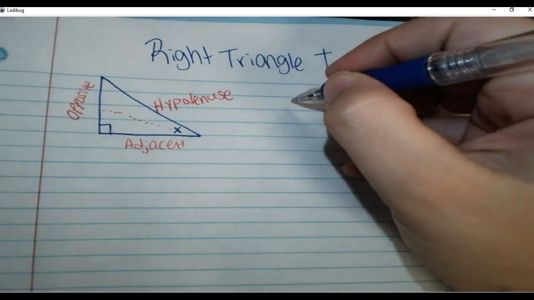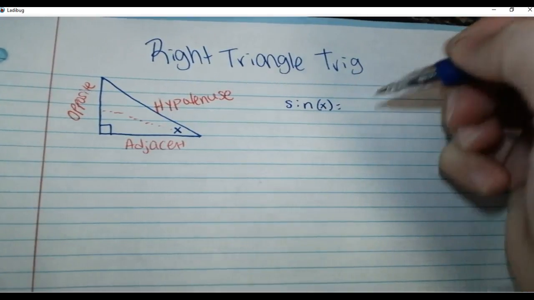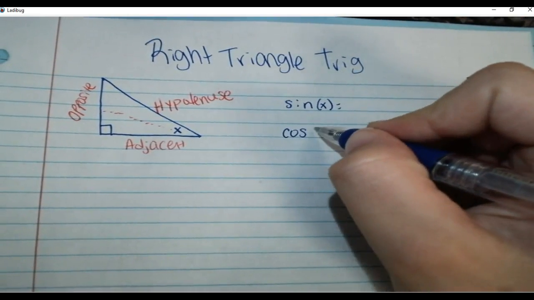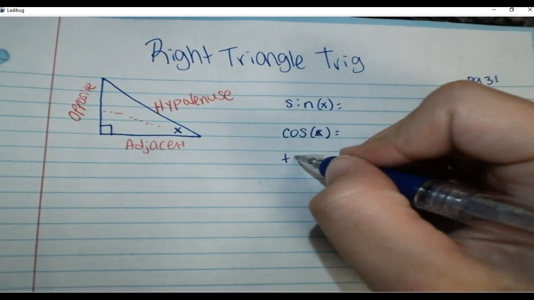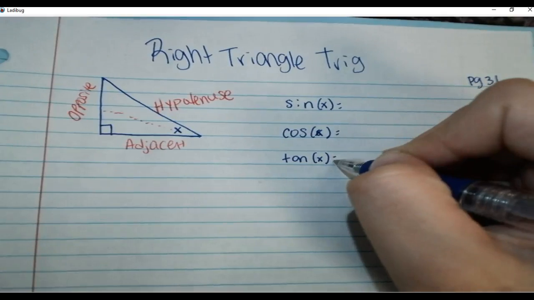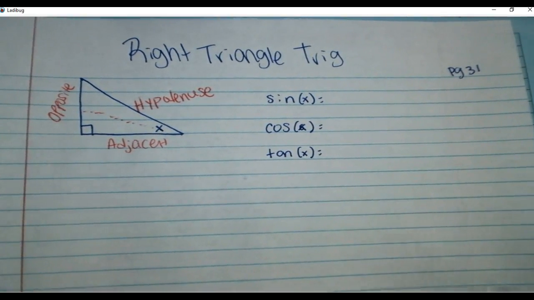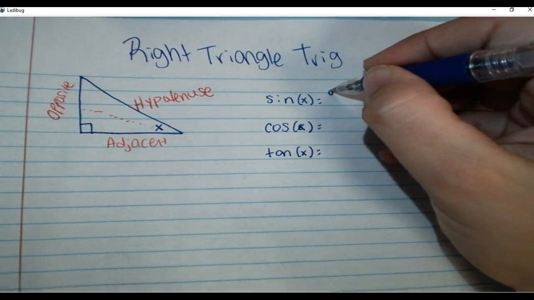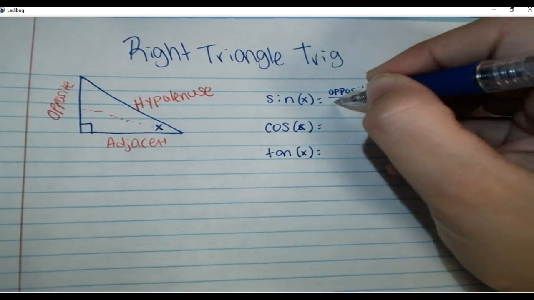Alright, let's write our trig functions then. Today we're just going to look at our main three: sine, cosine, and tangent. So we know sine is opposite over hypotenuse.